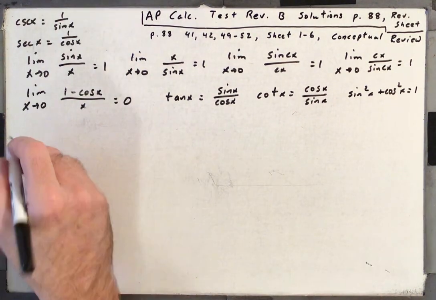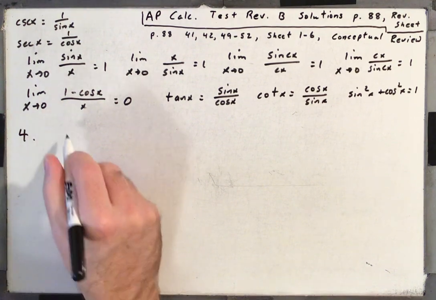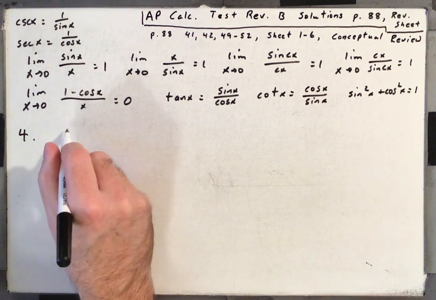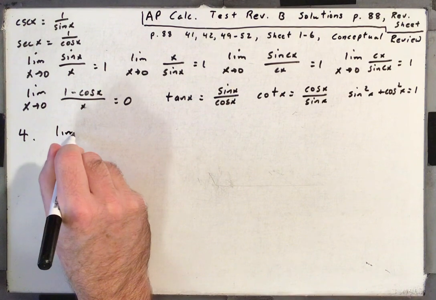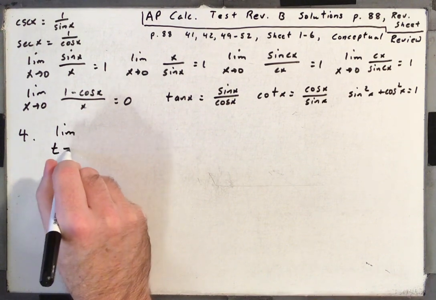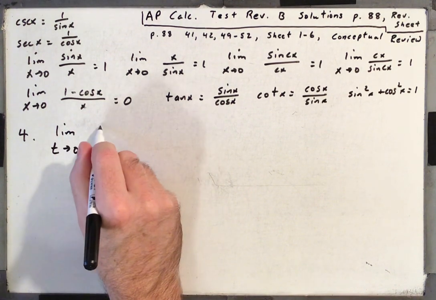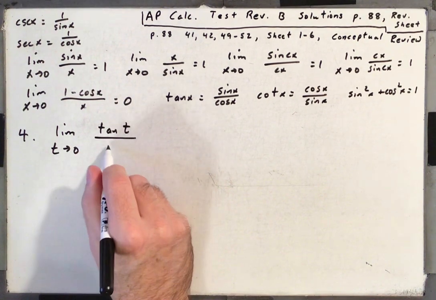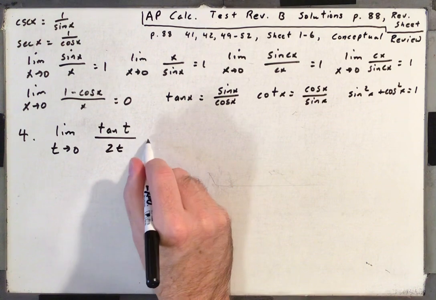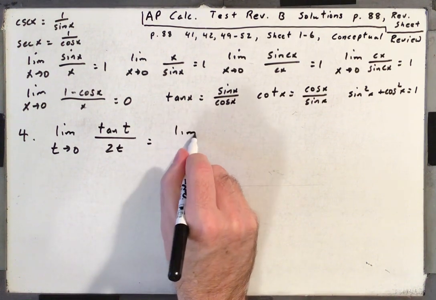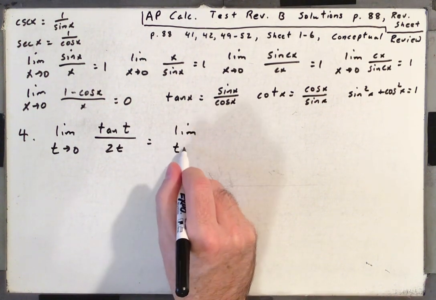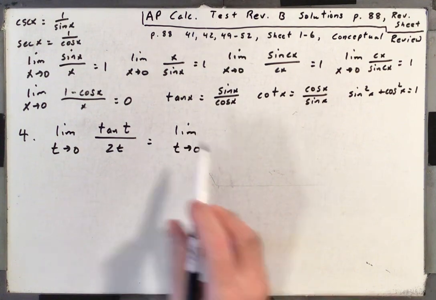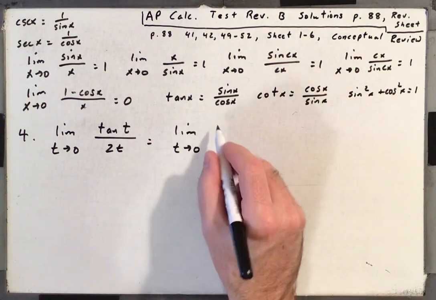Number 4. We want to find the limit as t approaches 0 of tangent t over 2t. Well, first what I want to do is change that tangent into sine and cosine, because I don't have any formulas involving tangent.